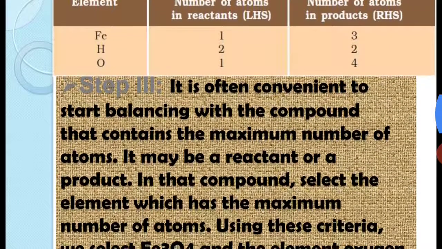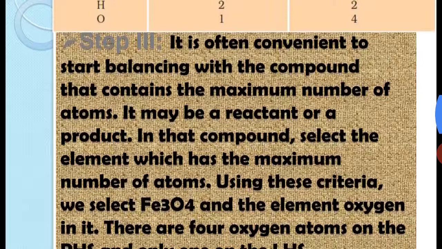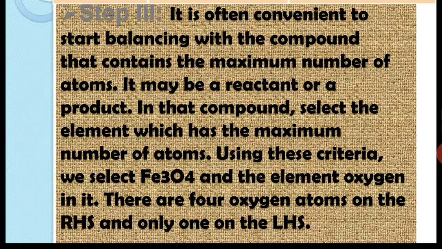Step 3 is to start balancing the chemical equation. For preference, we start by balancing the maximum number of atoms. Here the maximum number of atoms present is of oxygen, so we start with oxygen, that is Fe3O4.